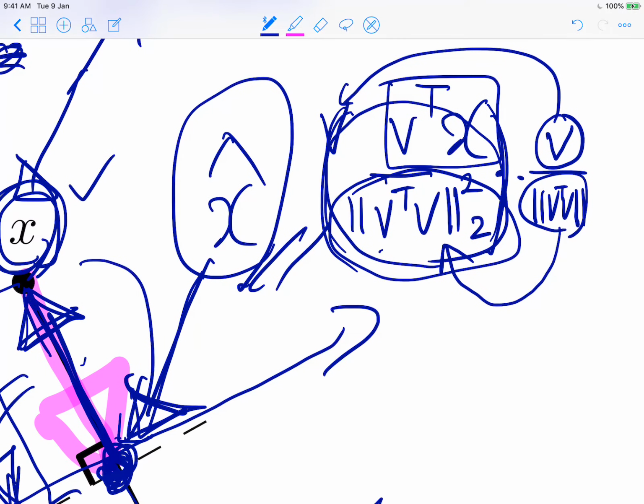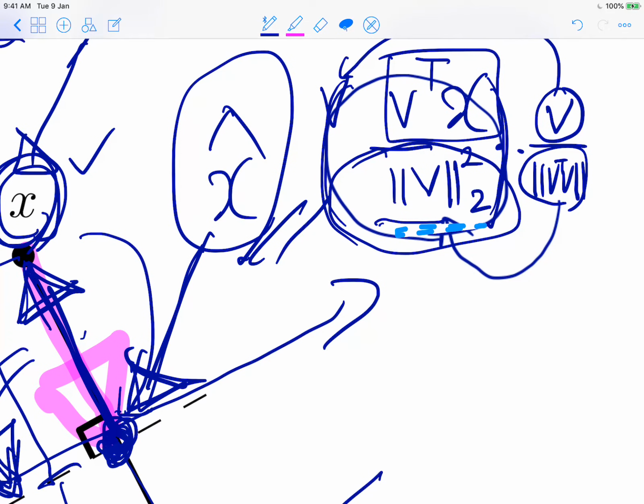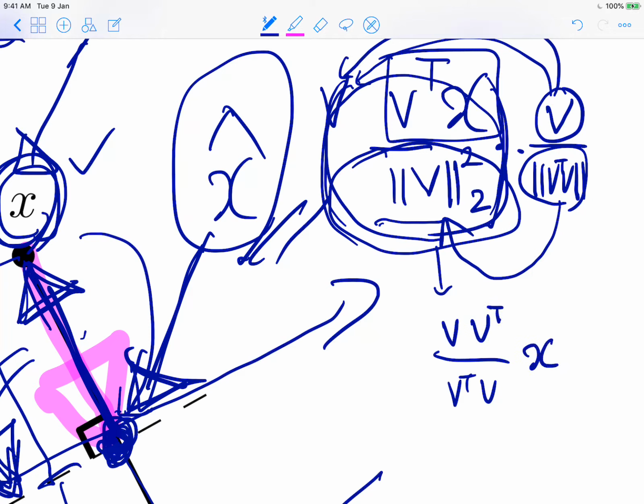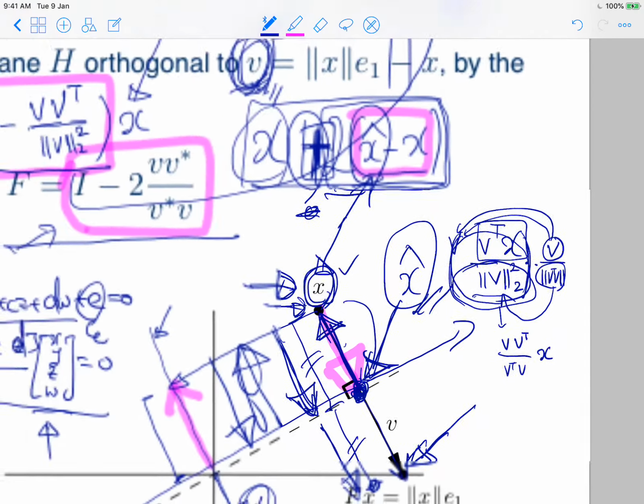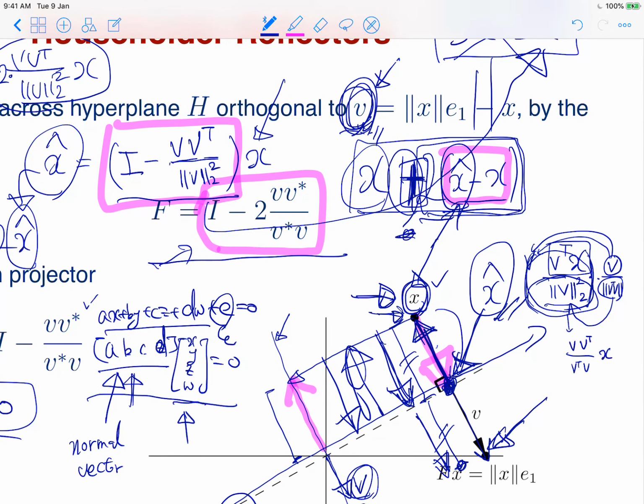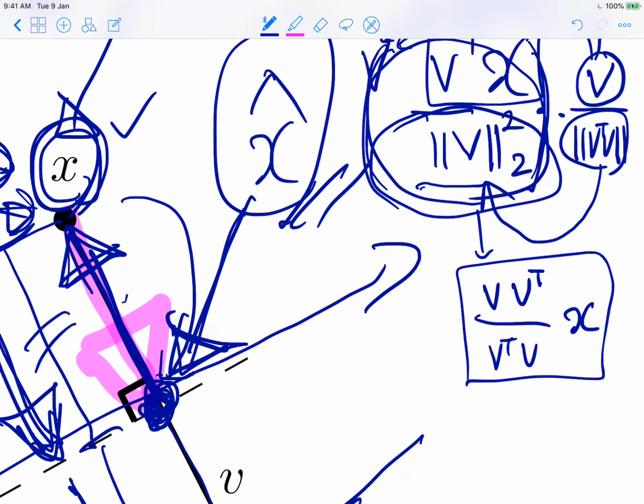So v transpose v should be the length of v squared. And if v is moved here, we have v transpose and x, right?